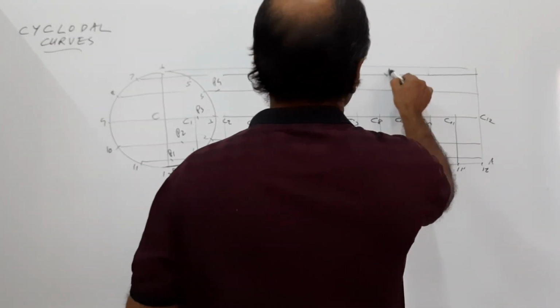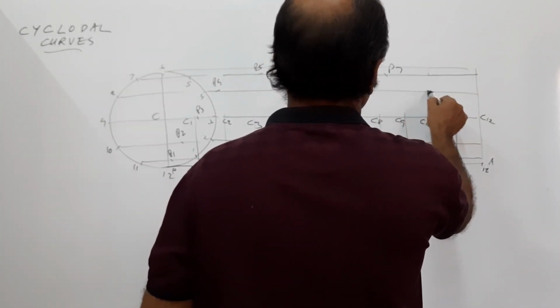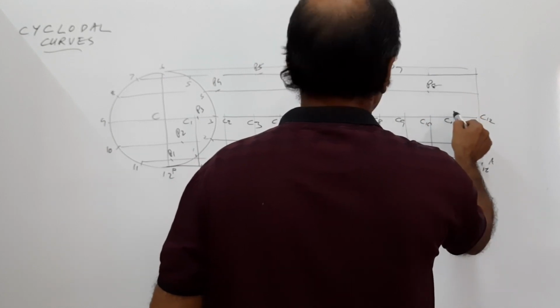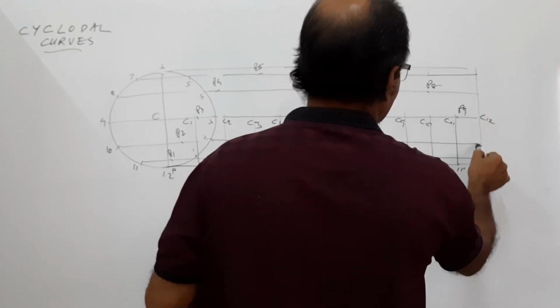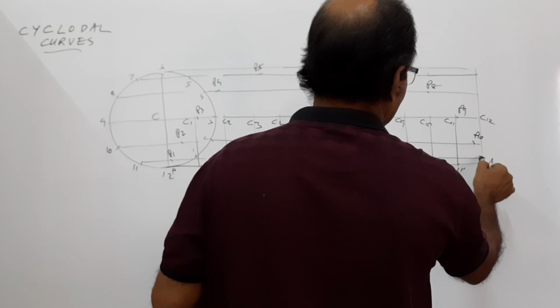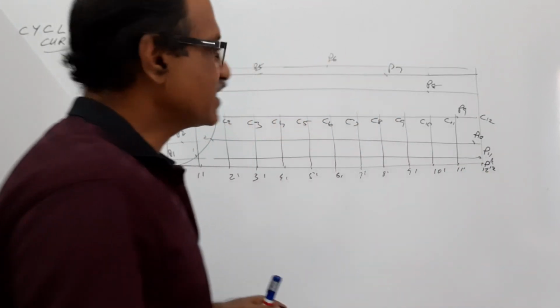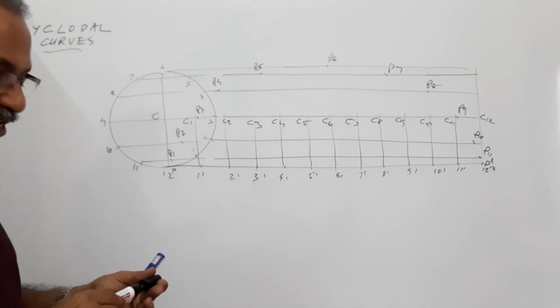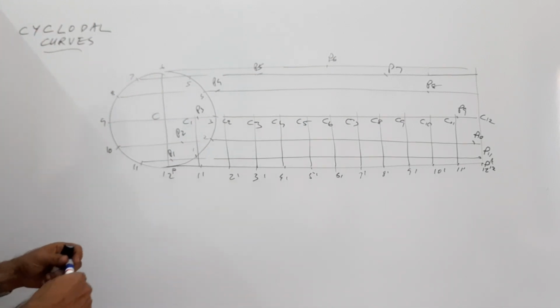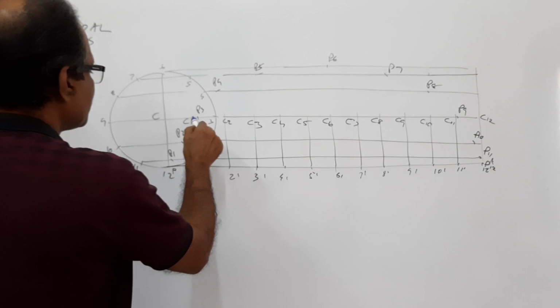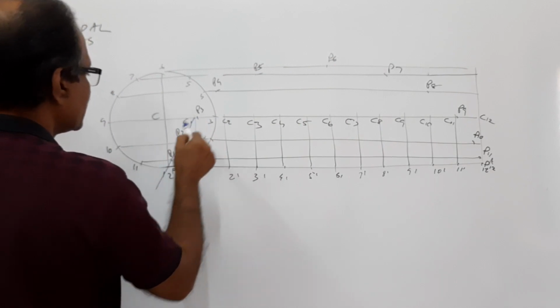Similarly, P7, P8, P9, P10, P11, P12, just like in the case of a cycloid. Then, don't draw the cycloid. Instead, connect C1, P1. Extend.